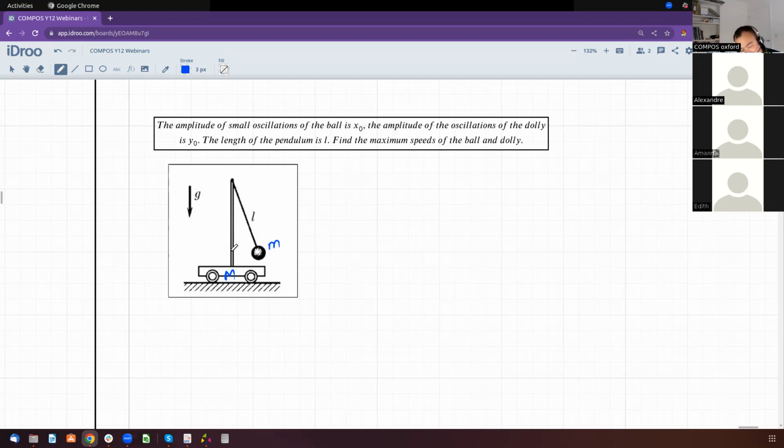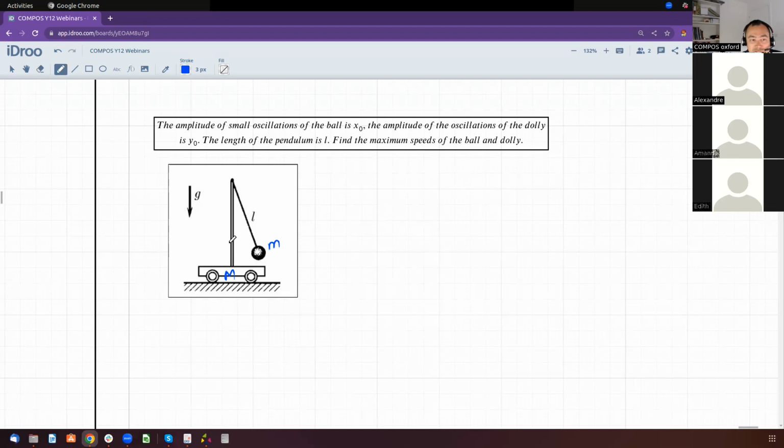Basically, which principle of physics can be applied here? We had a whole assignment on it. Can somebody think of which physical principle? Conservation of momentum, yes. Can you be a bit more specific?